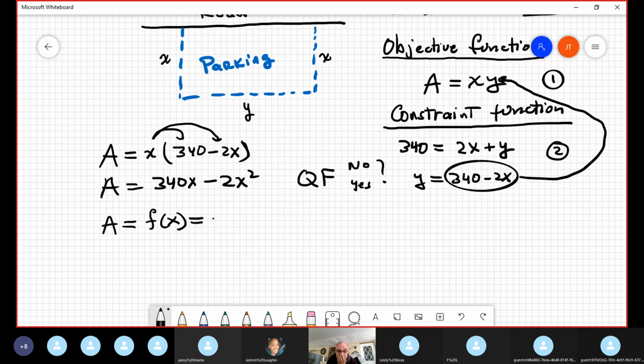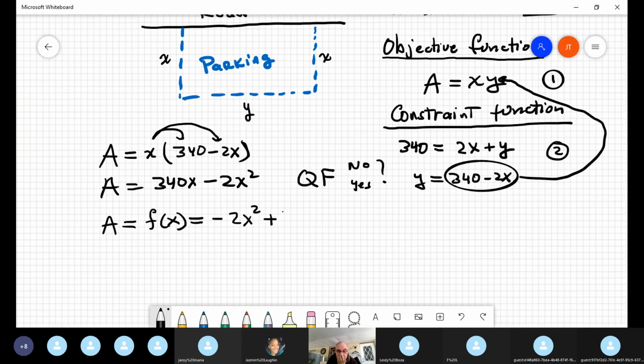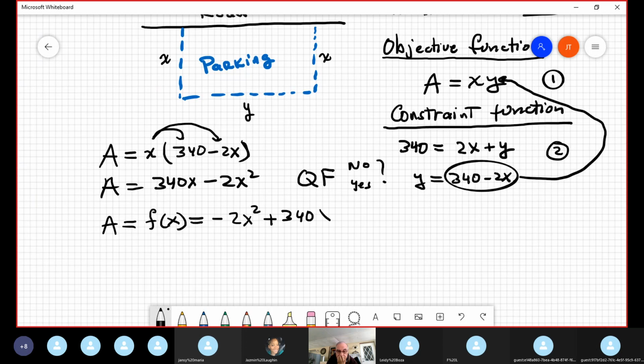Okay, let me organize the function in that way: minus 2x squared plus 340x. And this will look a little bit like the standard form, where a is negative 2, b is 340, and c is missing, is 0.